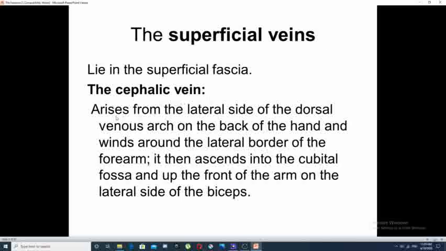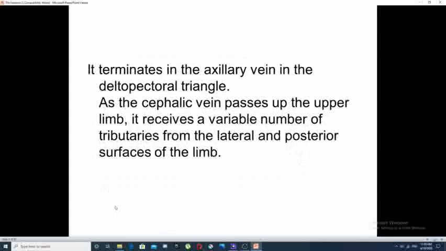It arises from the lateral side of the dorsal venous arch on the back of the hand and passes on the lateral side of the forearm, ascends on the lateral side of the cubital fossa and the arm on the lateral side of the biceps muscle, and it terminates in the axillary vein in the deltopectoral triangle.